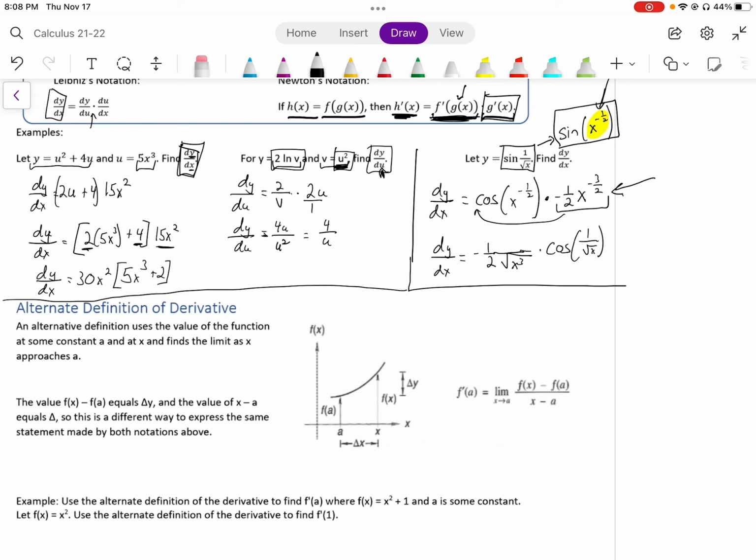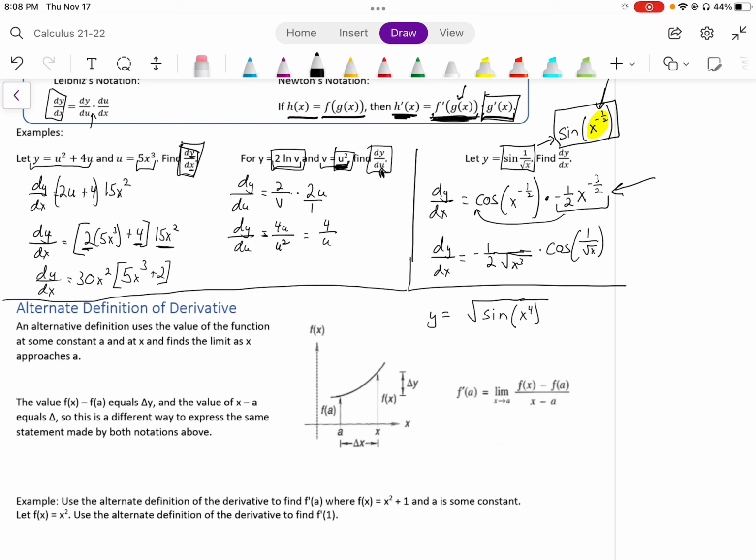Let's say y equals the square root of the sine of x to the 4th.